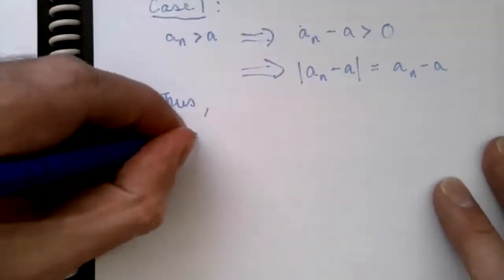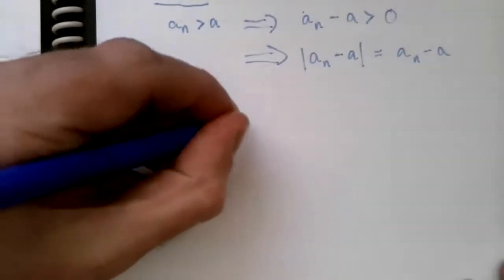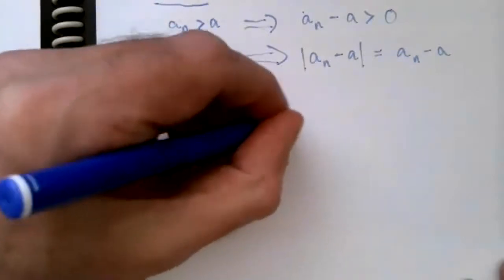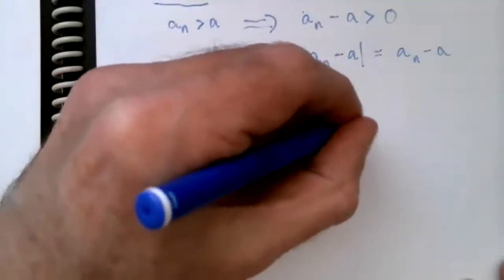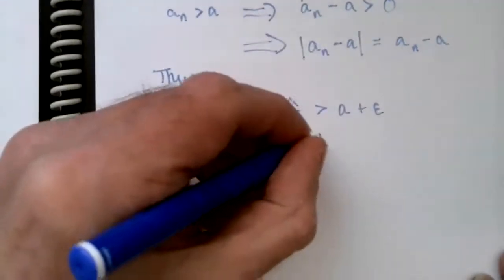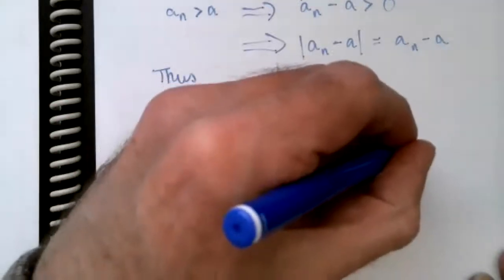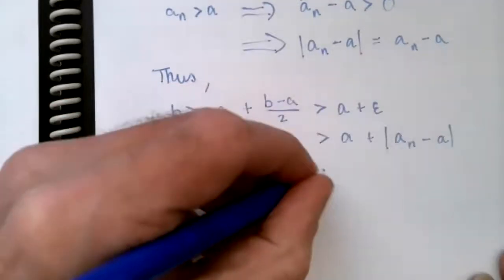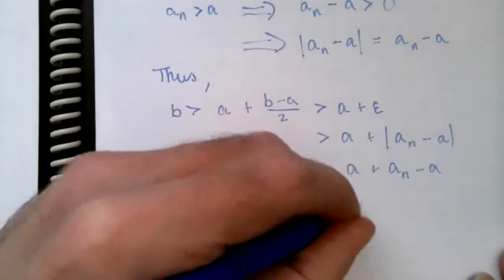Thus, b is greater than, and I'm just going to write what I had before, a plus (b minus a) over 2, which is greater than a plus epsilon, which is greater than a plus the absolute value of a_n minus a, which is equal to a plus a_n minus a, which is equal to a_n.